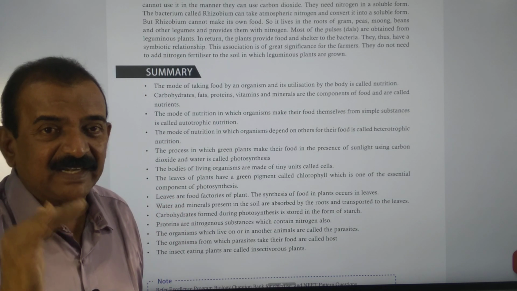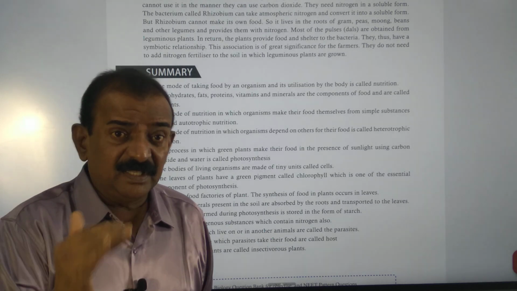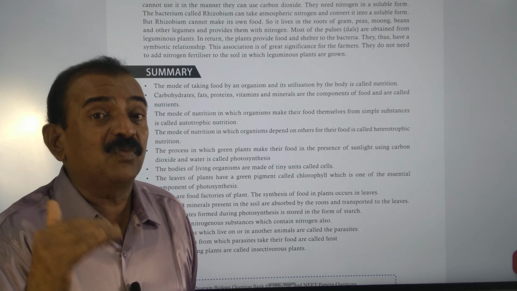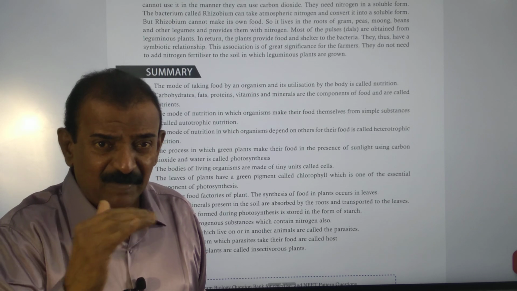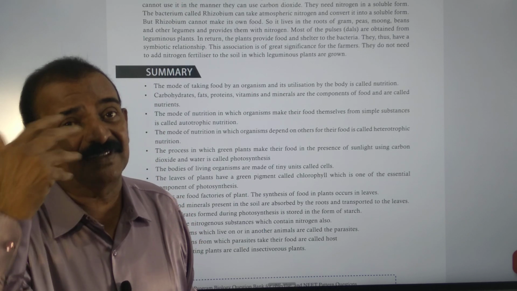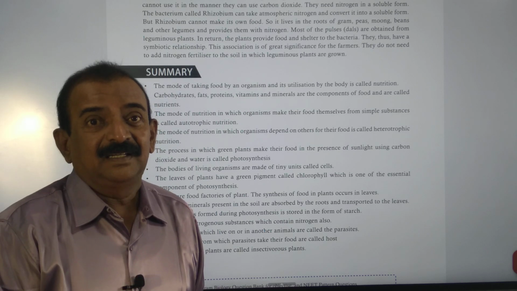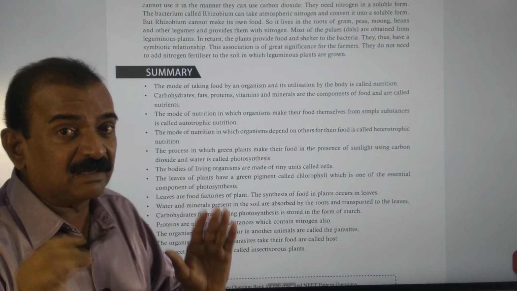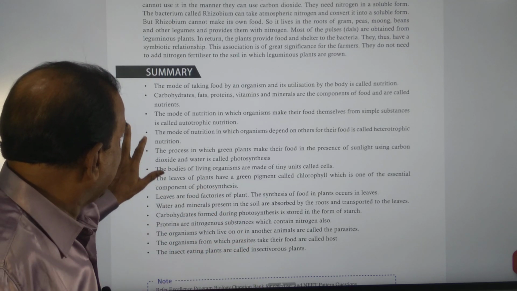By using these four factors, plants prepare food, and that process is called photosynthesis. At the end of photosynthesis, they prepare food in the form of glucose. Plants also make other food substances like fats, proteins, and vitamins. Plants are called autotrophs.